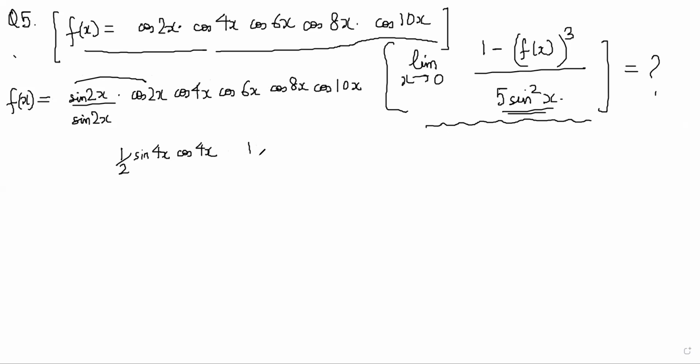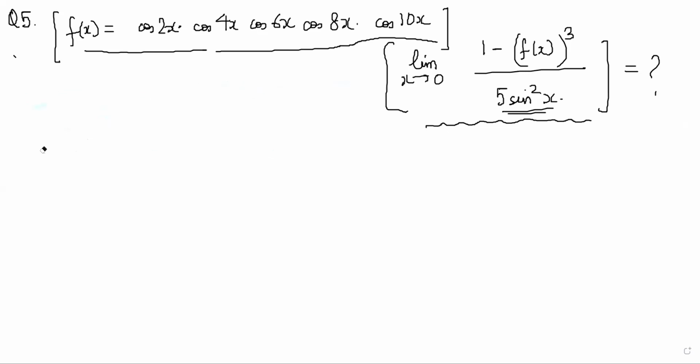So this will become 1 by 4 sine... Oh, wait, 6 is there. So then there is a problem because of the 6. Okay, so this will not work then. Fine. So then don't do this. Let's do something else. I thought for a moment that it is 4, 8, 16. Then it would have worked, but right now it won't work.